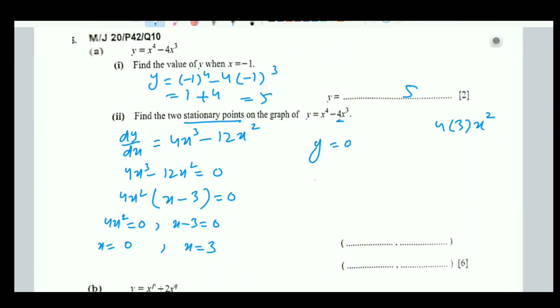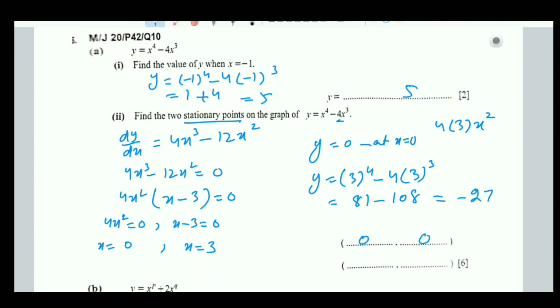And if you put x is equal to 3, y is equal to 3 to the 4 minus 4 into 3 cube, 81 minus 108, and that is minus 27.